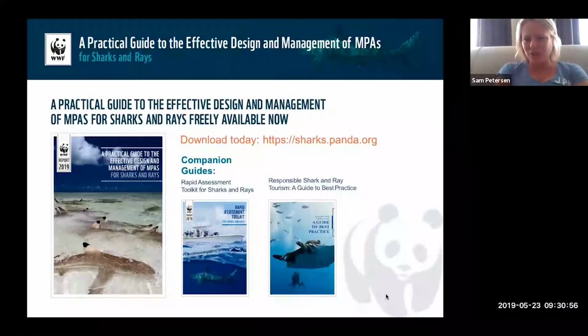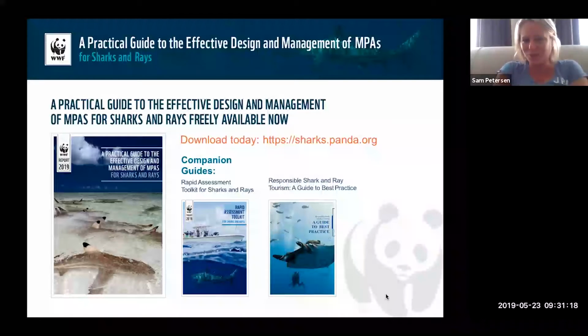And it really struck us that there's actually very little good guidance on developing this. There is some good guidance for tropical marine protected areas, but very little beyond coral reefs. And so I thought that might be of interest to you.